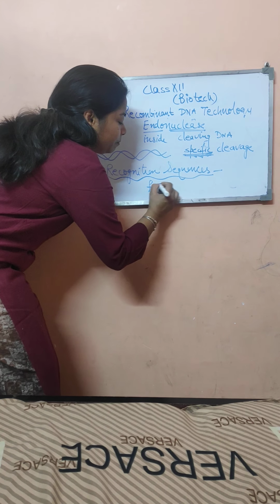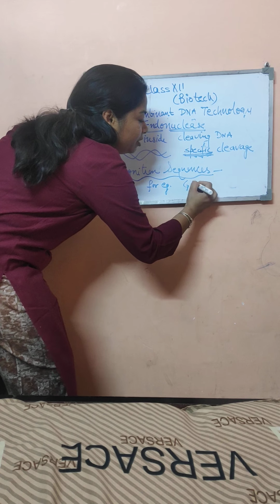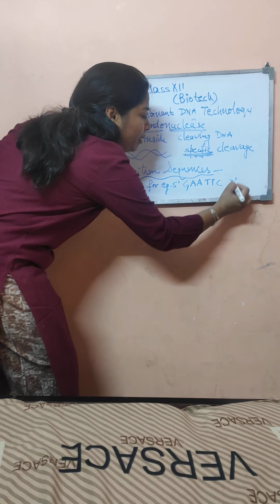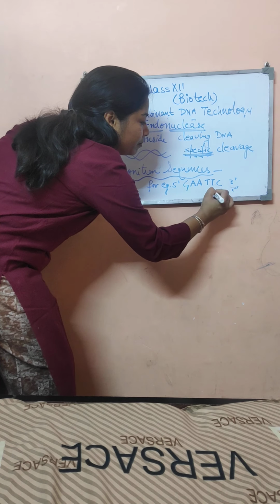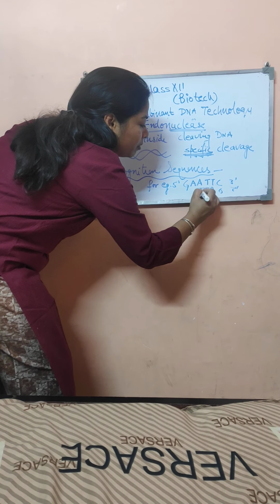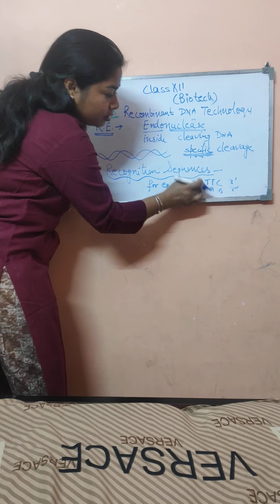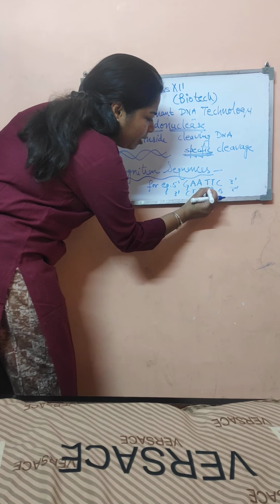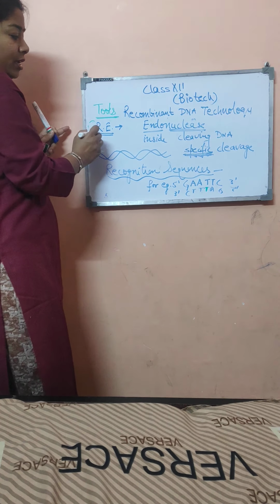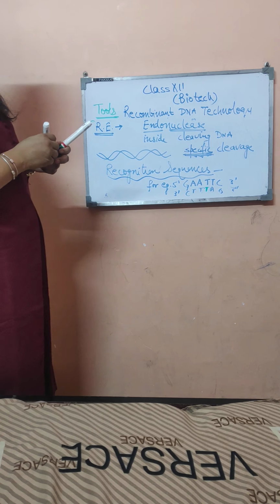For example, a particular restriction endonuclease cleaves at GAATTC from the 5' to 3' end. If this particular A is replaced by any other base, that restriction endonuclease cannot cleave this recognition sequence.